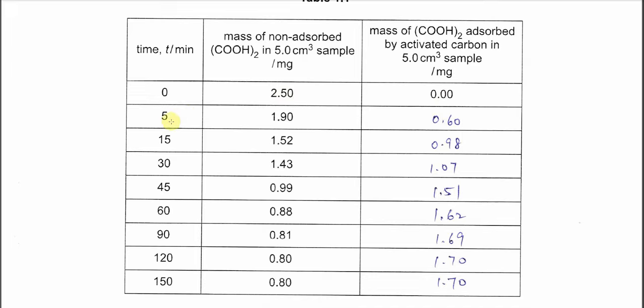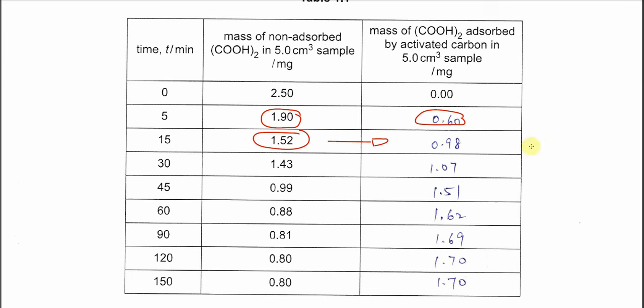When the time is getting longer, 5 minutes, this one is getting less and this one is getting more. The mass of the acid adsorbed by the carbon. Because the total mass is always 2.5, you use 2.5 minus 1.9 here, you get 0.6. Do the same calculation, 2.5 minus this one, then you get this one. Do it for all, you get this.